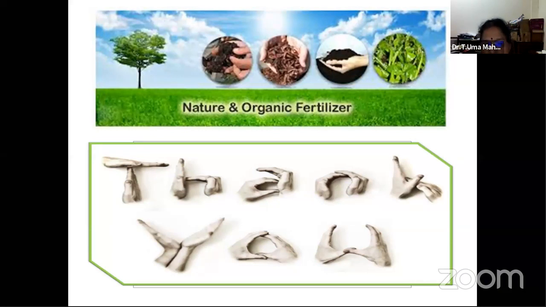So you can add more dung if you have, or nowadays you have decomposer bacteria in the market. You can get those decomposers from the market, mix with water, and add it to the waste material. So instead of 15 days, it will take only 1 week for decomposition. Then immediately when it gets decomposed, you can release the worms. That's how you can do it.